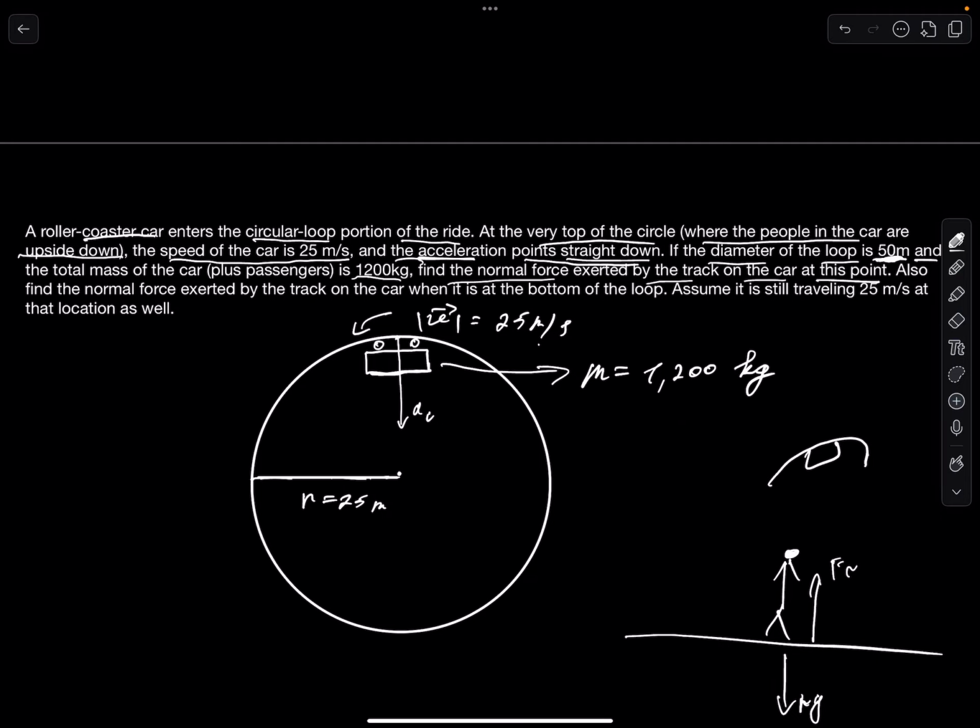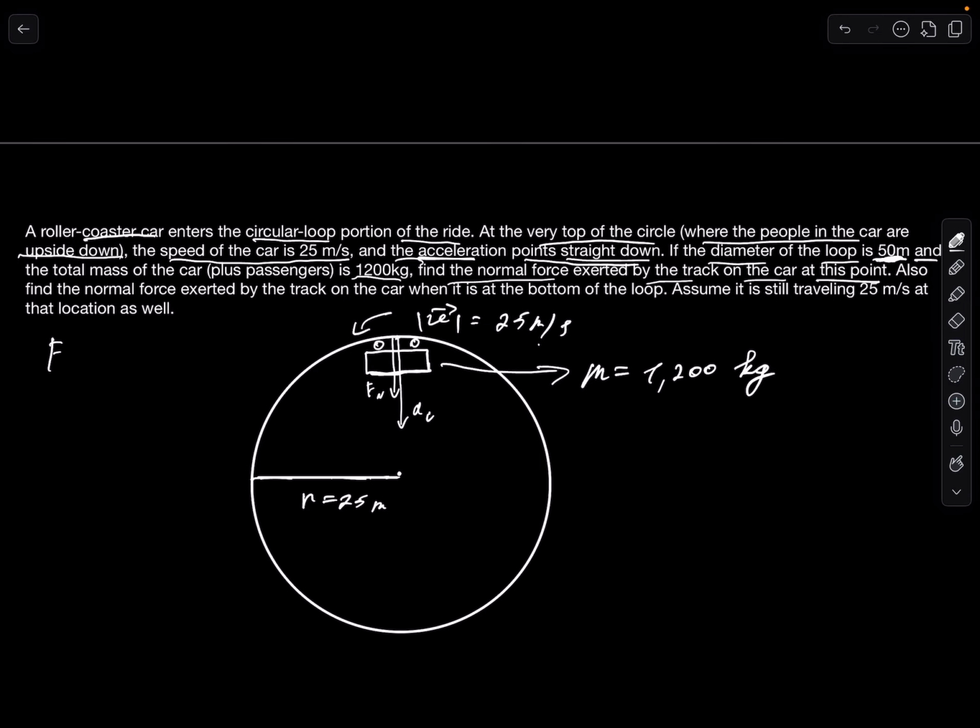There we have a car. So normal force is going to be there. It's basically the force that the surface exerts on the object that rests on that surface. I'm going to name it F sub n, and we need to figure out F sub n. That's what we're solving for. But let's read until the very end.